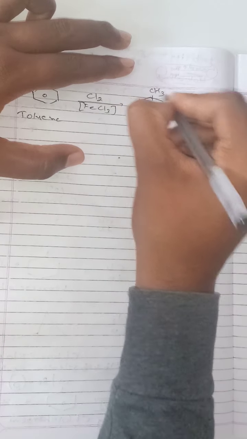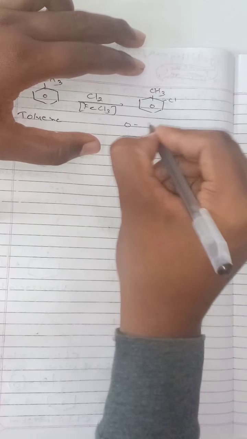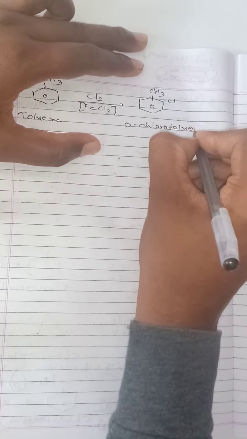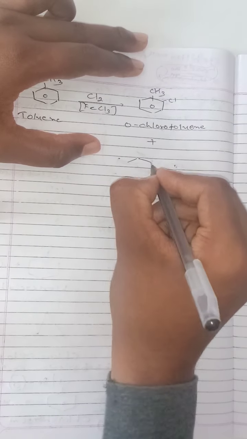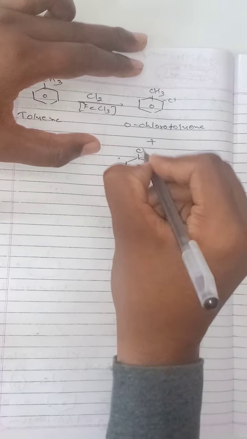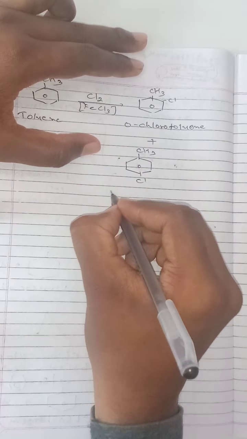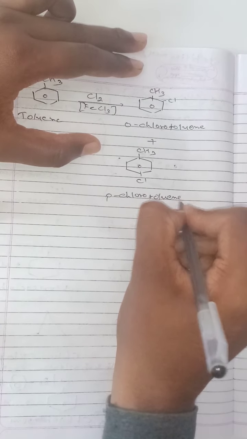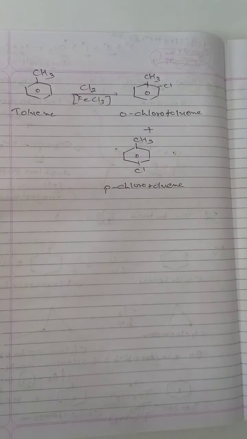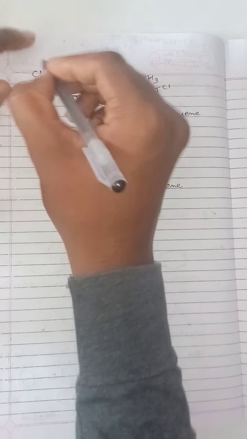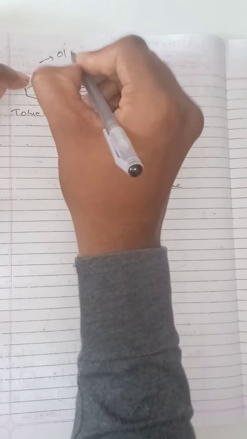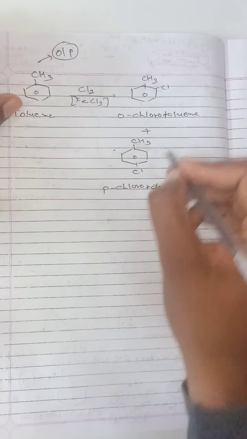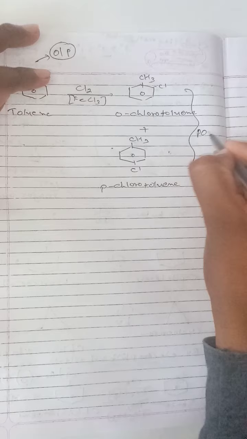We get orthochlorotoluene and another product, parachlorotoluene, because this methyl group is an ortho-para director also. These will be position isomers also.